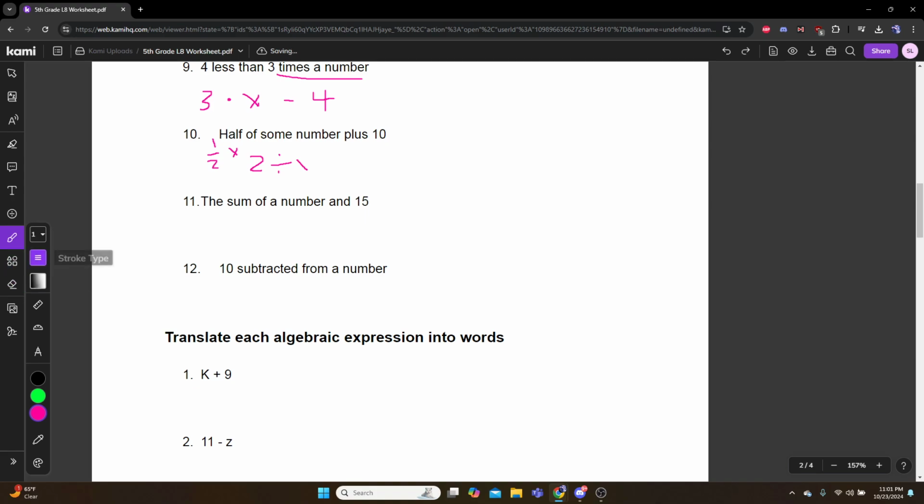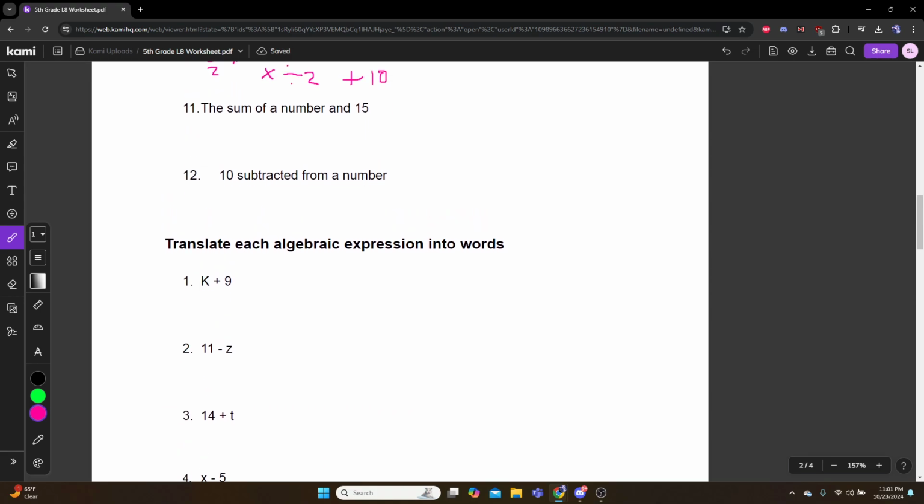Or sorry, it's x divided by 2. And then we add 10, plus 10. Now the sum of a number and 15. The sum is just adding two numbers together, so it would be x plus 15. And 10 subtracted from a number. So we would do x and then subtract 10 from it.